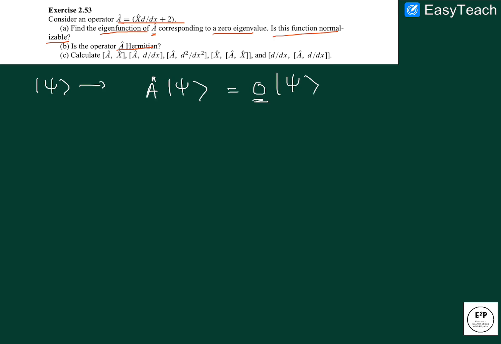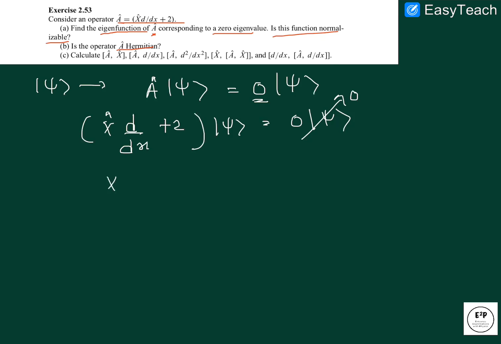So let's put the value of A cap, that is x cap d by dx plus 2, into psi. Since it's all equal to 0, we can remove the x, and separate this bracket, and we get d by dx of psi plus 2 psi equals to 0.